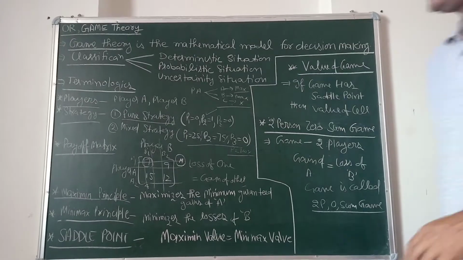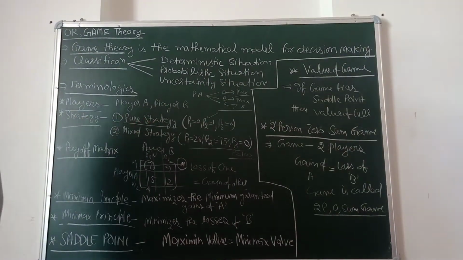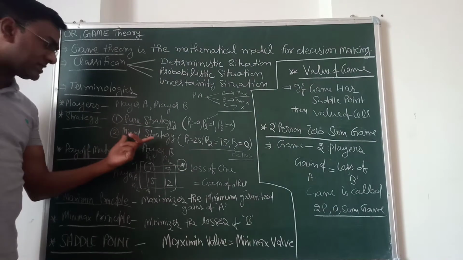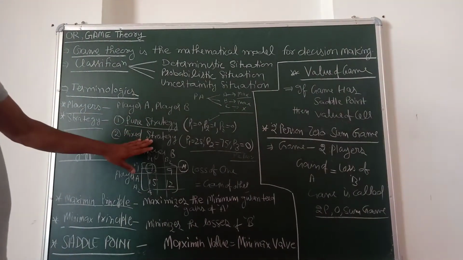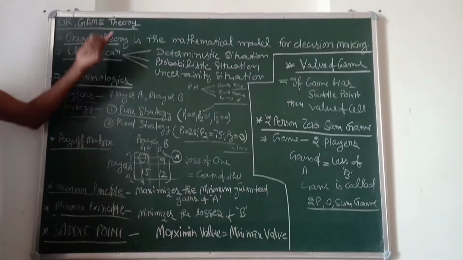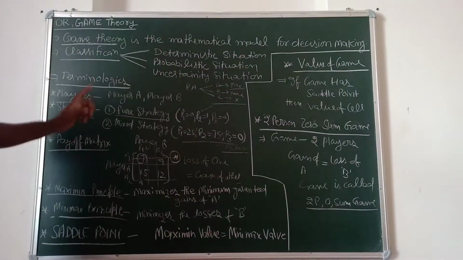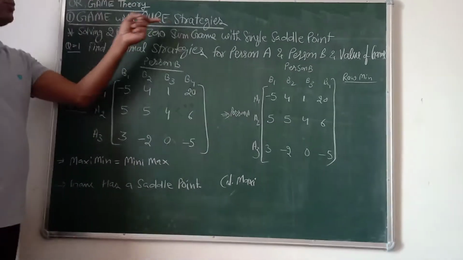Now we will try to solve some numericals based on pure strategy and mixed strategy. I think we are doing one question for each of them, so that you will be able to solve simple numericals on game theory. Now we will solve the game with pure strategies.